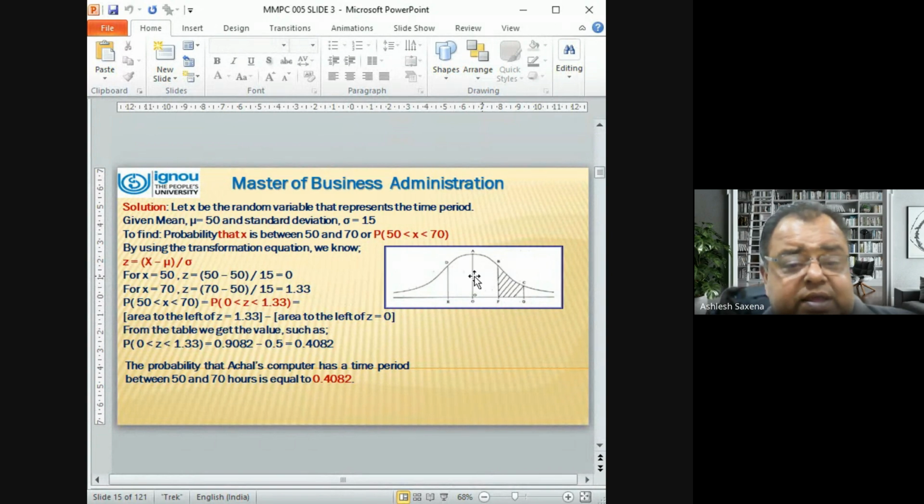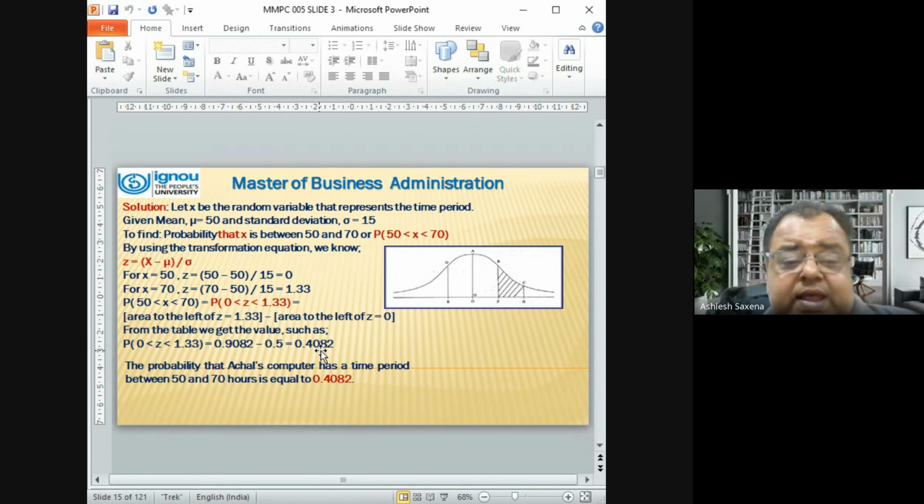This is the area to the left of 1.33 minus the area at z is equal to 0. For z is equal to 0 the value is 0.5, and for z is equal to 1.33 its value is 0.9082. That means you will be subtracting 0.5 from this. 0.9082 minus 0.5 comes out to be 0.4082. That means this is your answer.